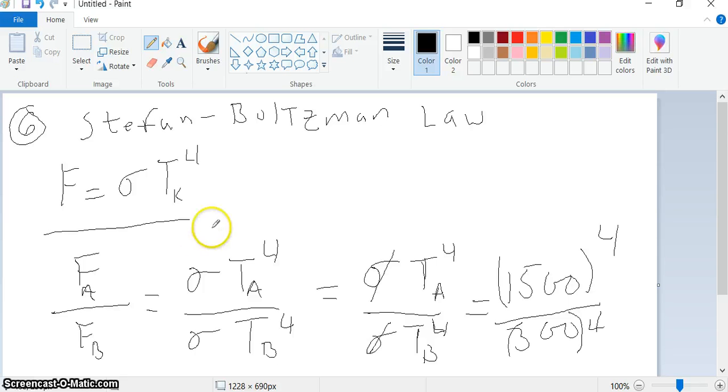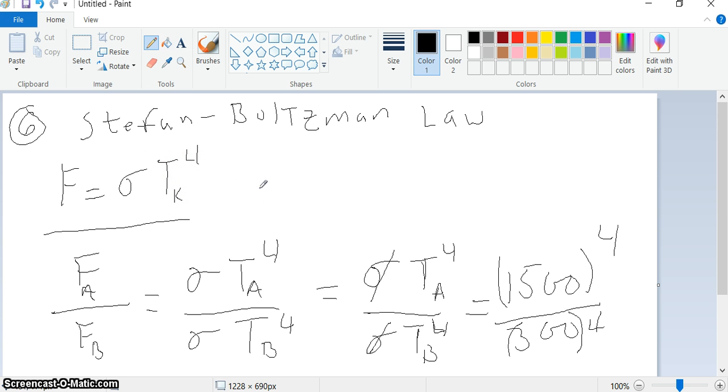Right away, the amount of energy per square meter, actually power per square meter, is given by the Stefan-Boltzmann law. So F is equal to sigma, the Stefan-Boltzmann constant I mentioned in a previous video, times the temperature to the fourth.